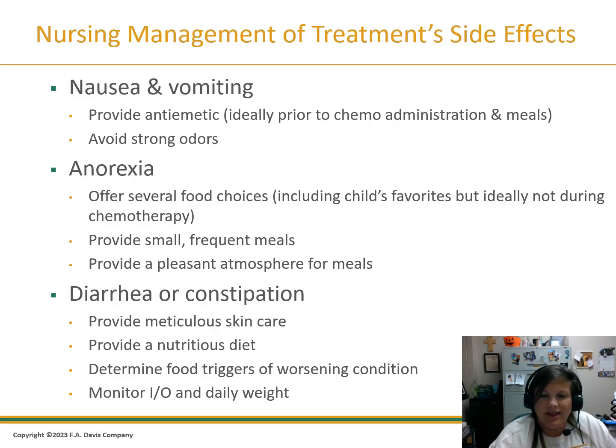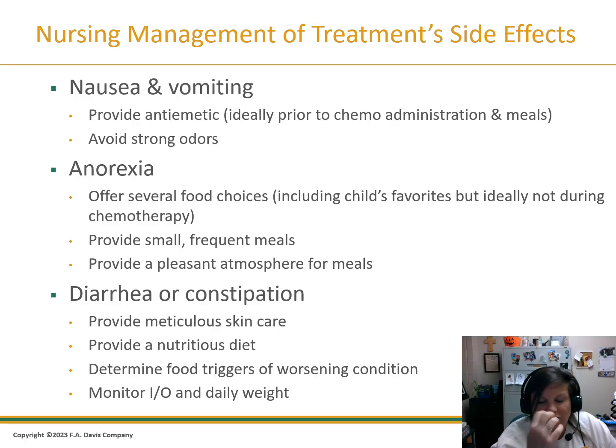And this is an important thing that you may be confused by, but it's actually discouraged that we offer the child their favorite foods when they're undergoing chemotherapy. The reason for that is because the likelihood of them having nausea and vomiting at some point during that treatment is pretty high, and we don't want them to develop an aversion to those foods. So with the patient who has anorexia, where they're not wanting to eat, we might be tempted to include their child's favorite foods and encourage them to eat them.